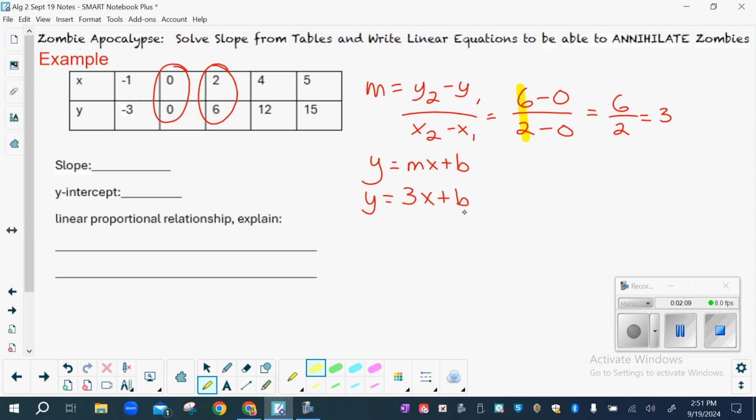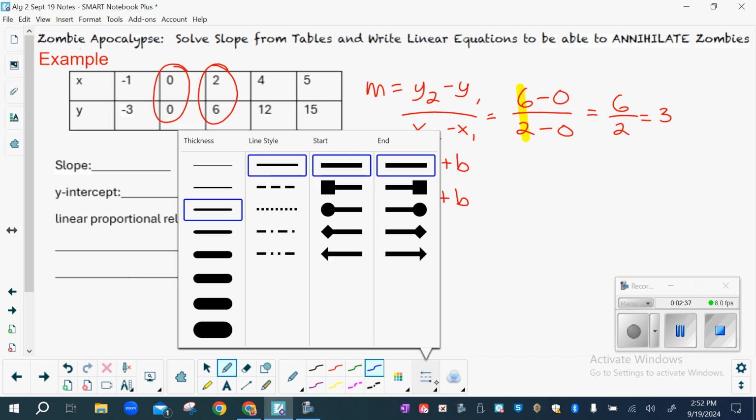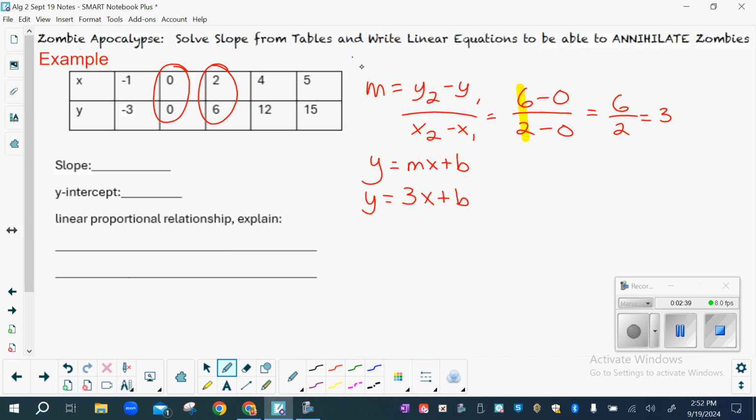So now a hand, please, for what do we do to find the y-intercept, the b? So any point or all the points? Okay, which one do you want to use? Okay, 2 and 6. So we're going to start with 0, 0. I'm thinking you were thinking it might be easier if you put the 0, 0, right?